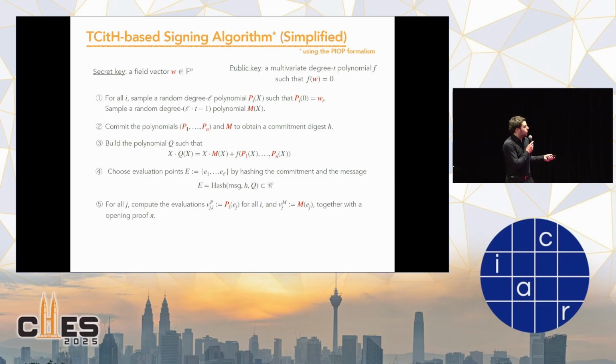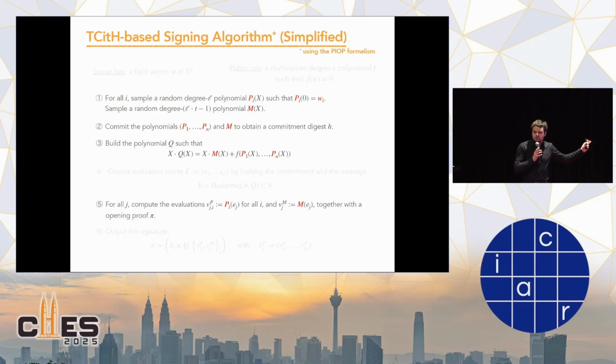Finally, the signer just needs to compute the evaluation of the secret polynomial at those public points. And we concatenate everything to obtain a TC-based signature. Of course, it's a bit simplified, a lot simplified.